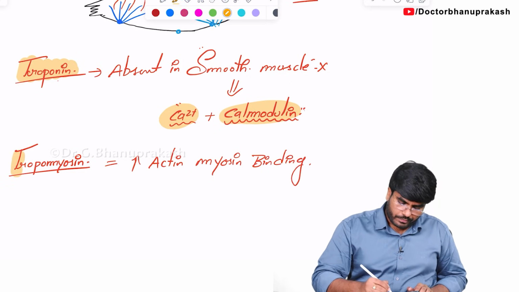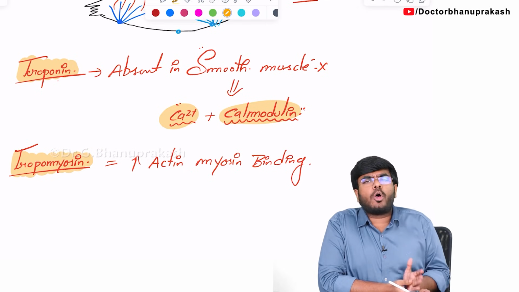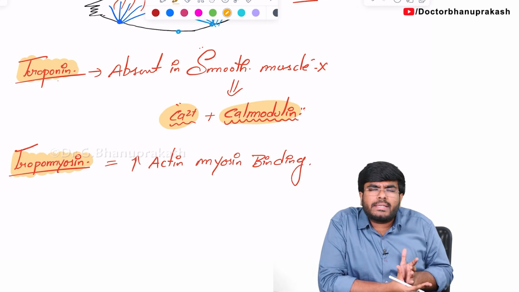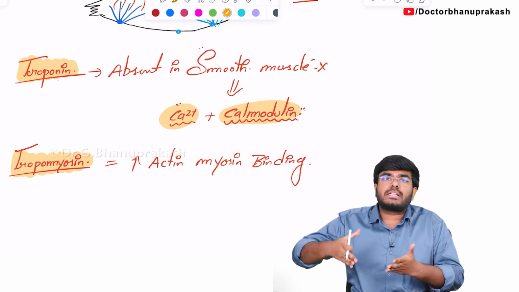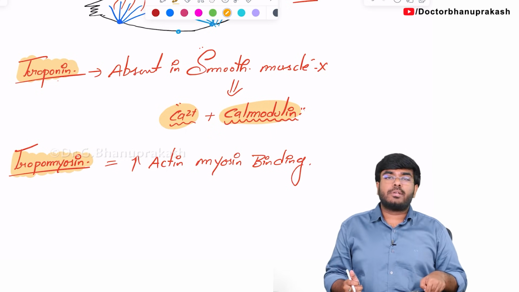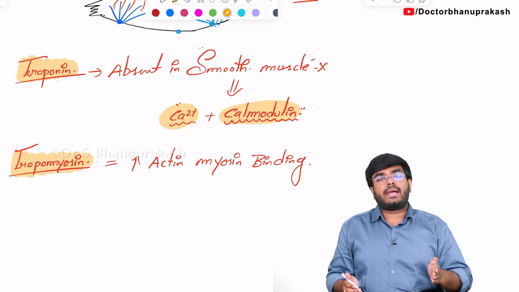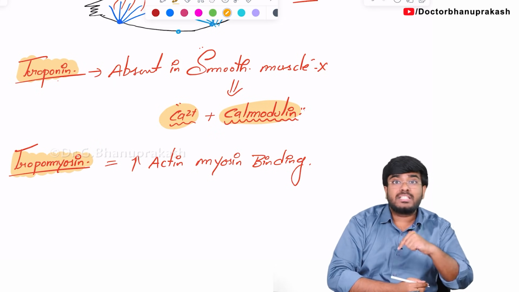Now you will have a doubt: if tropomyosin, which was supposed to block the active sites and decrease the actin myosin binding, is actually promoting it, then who hinders the actin myosin binding in the smooth muscle?